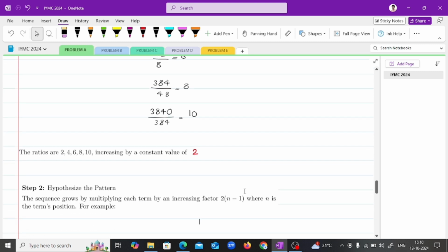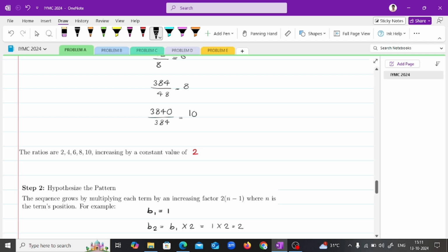The sequence grows by multiplying each term by an increasing factor 2 into n minus 1, where n is the term position. For example, we will name the first term b1. So b1 is equal to 1. Now we can obtain the second term of the sequence, that is b2, as b2 is equal to b1 into 2, that is 1 into 2 is equal to 2.